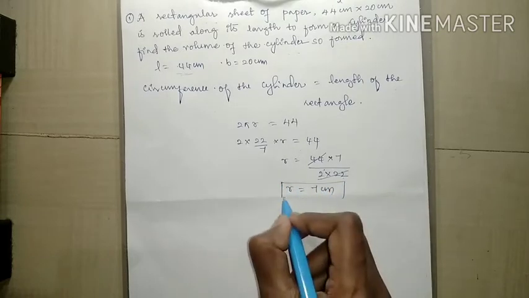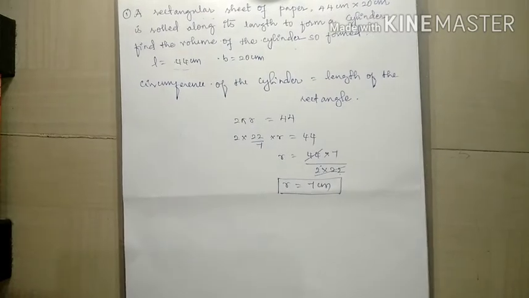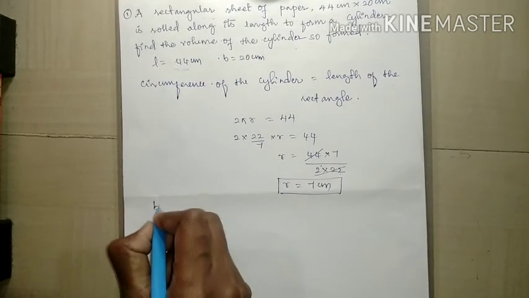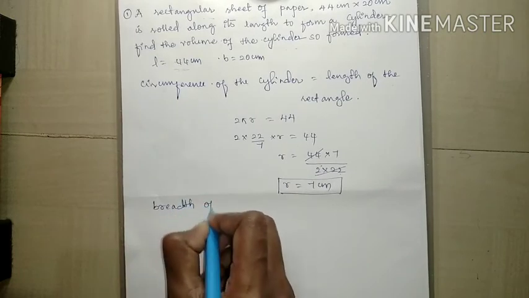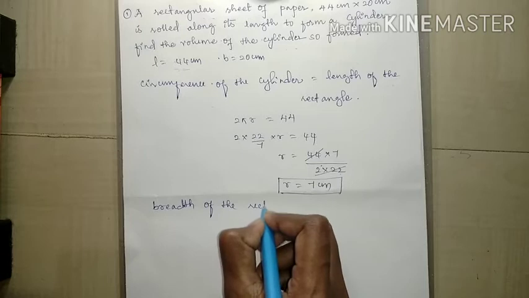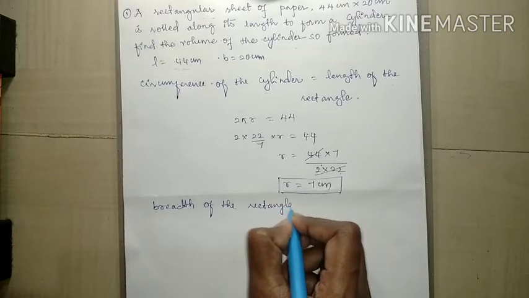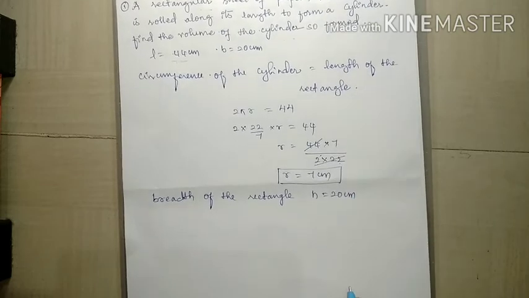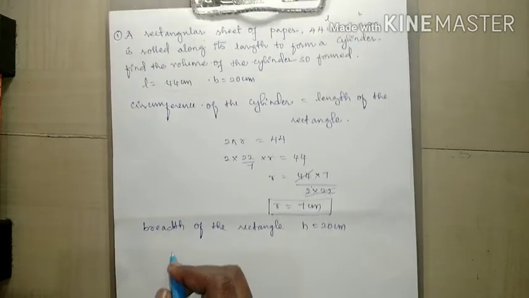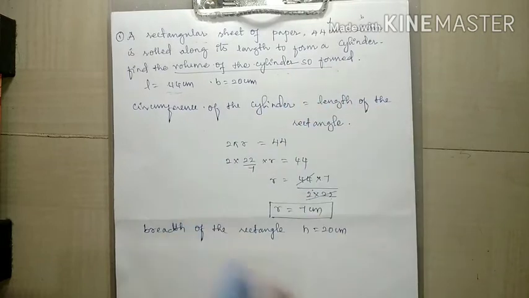Now we got a radius. And breadth of the rectangle, that is nothing but height, is equal to 20 centimeter. So now we have to find out the volume of the cylinder.